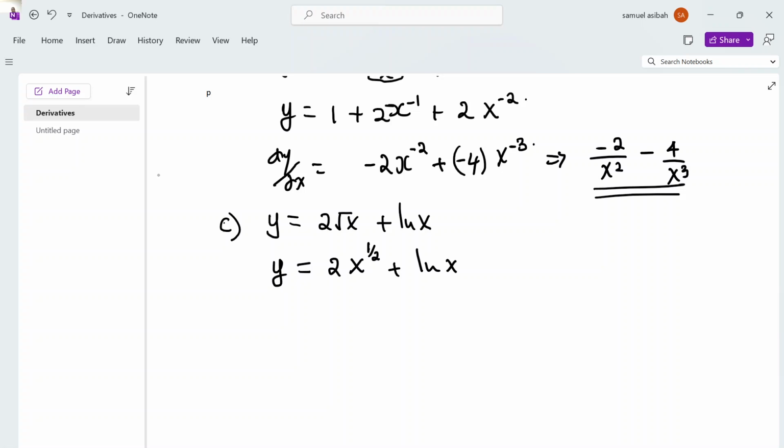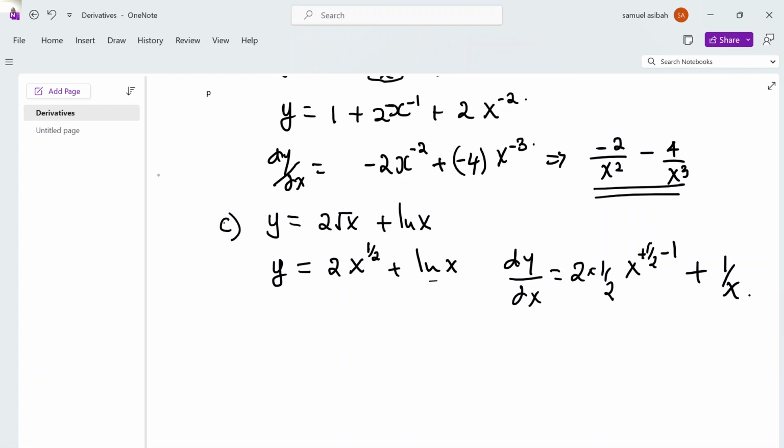If you find the derivative of 2x raised to a half, you multiply down by a half, that is 2 times a half, then x raised to a half minus 1, plus the natural log. When you're finding the derivative of the natural log, you get 1 over x. Any natural log, you get 1 over x.